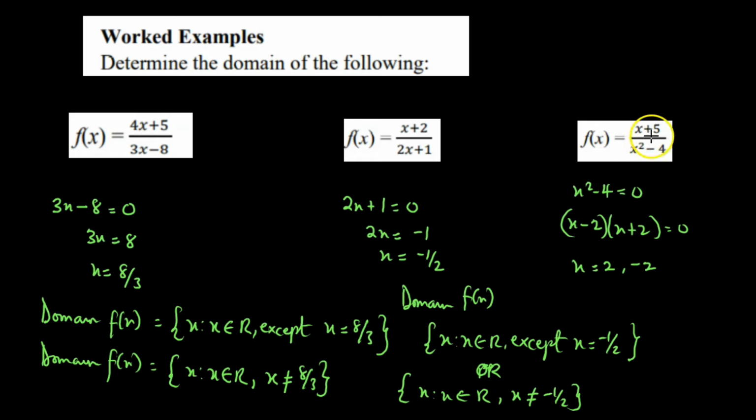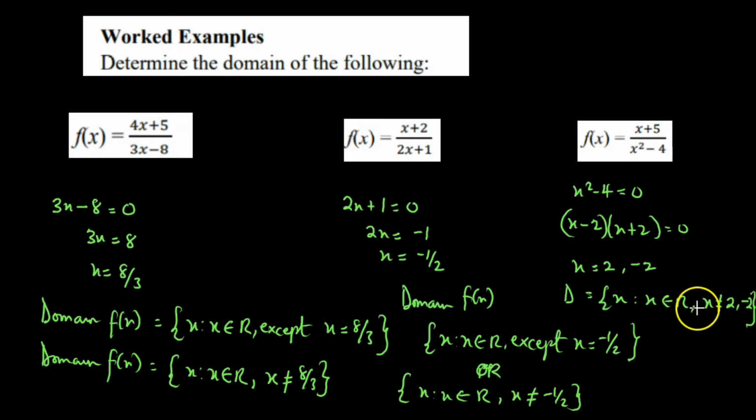Therefore, to state the domain, I'm just going to use only one method. The domain D will be equal to x such that x is a member of R, but x must not be equal to positive 2 or negative 2. Then you close the curly bracket.